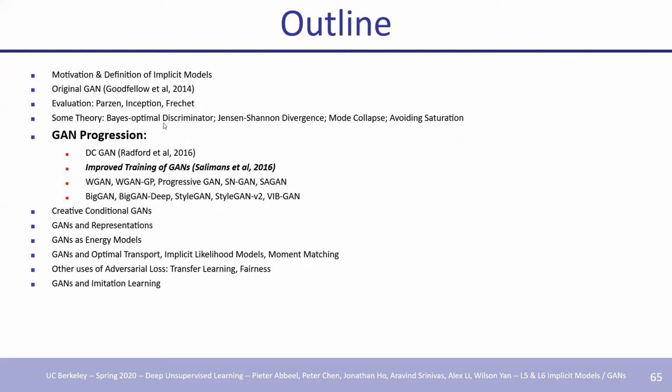And then we had some theory, the optimal discriminator, how the original GAN optimizes the Jensen-Shannon divergence, and some ways to avoid mode collapse and avoiding saturation.